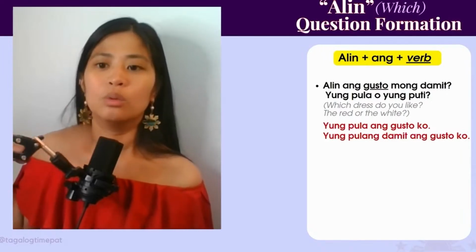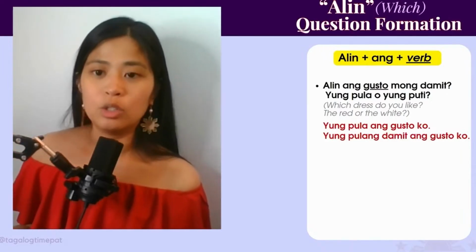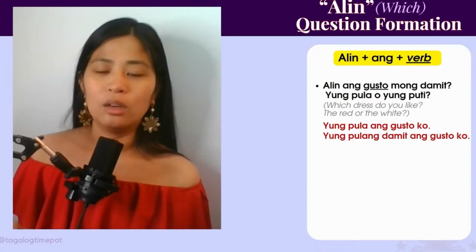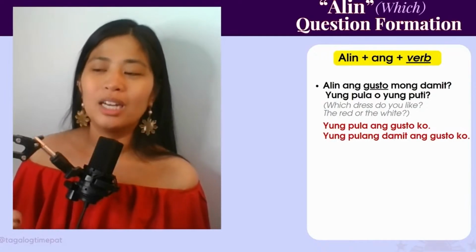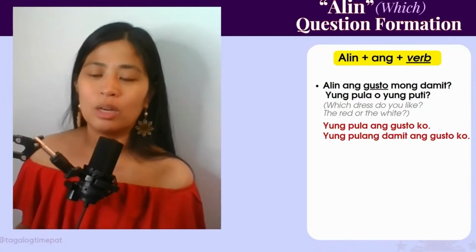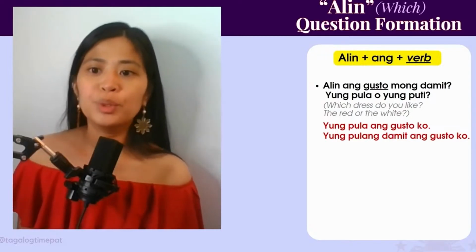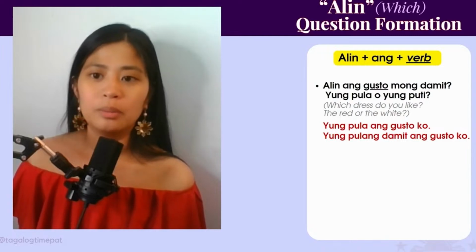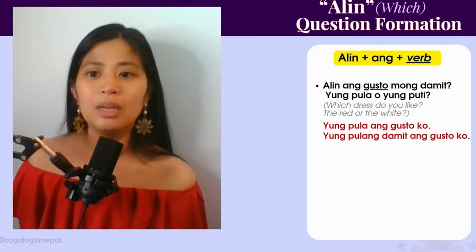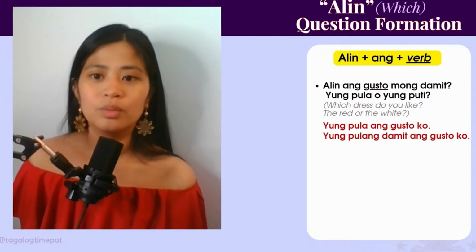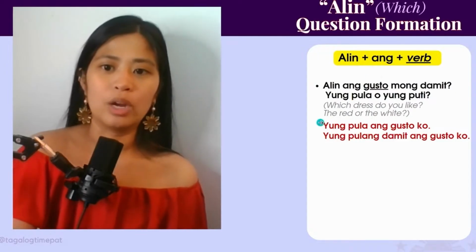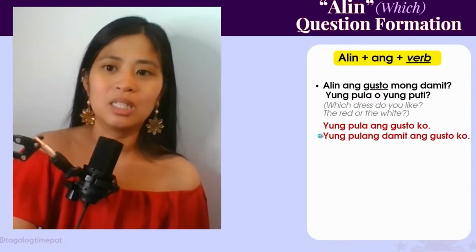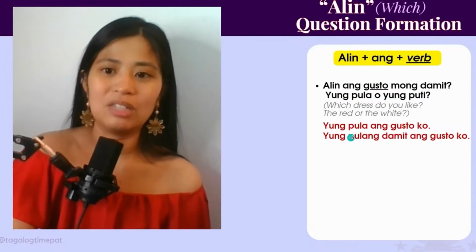Your response would just be one of the choices. Yung pula ang gusto ko. The red is the one I like. I like the red one. Or, yung pulang damit ang gusto ko. If you want to be specific, yung pulang damit ang gusto ko. So, yung pula means the red one. Yung pulang damit means the red dress, specifically.